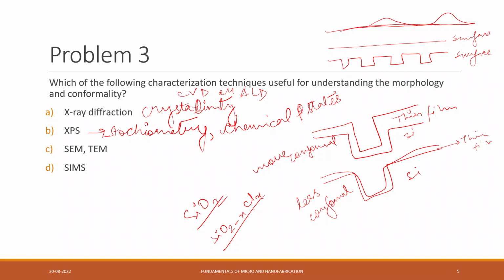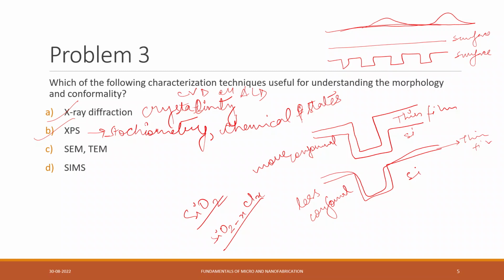SEM and TEM are scanning electron microscopy and transmission electron microscopy. These are two electron microscopies, and they are very important. In X-ray diffraction you get a diffraction pattern, in XPS you get a spectroscopy, but SEM and TEM are microscopy, so essentially you are looking at things.